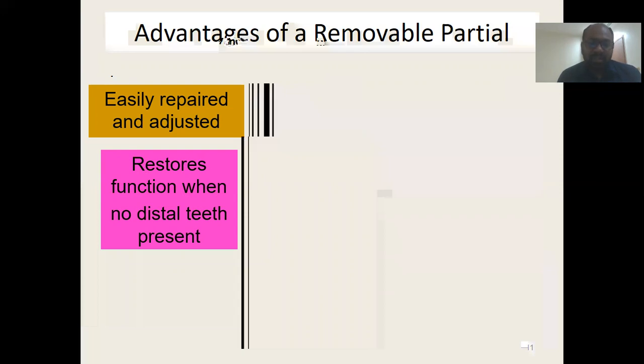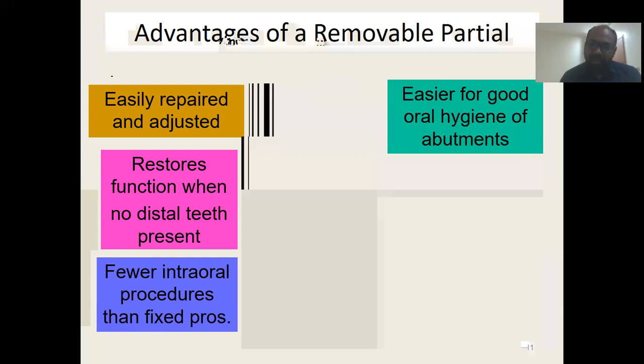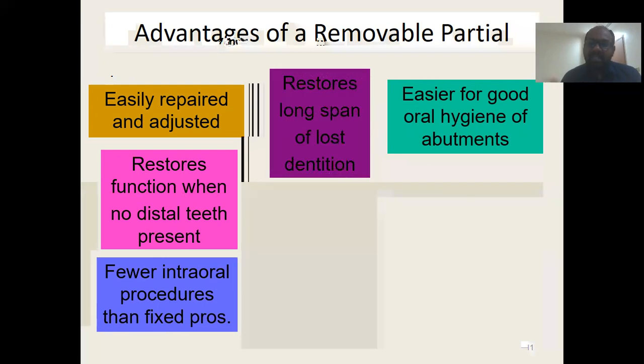It involves fewer intraoral procedures in comparison to a fixed prosthesis, and it is easier to maintain oral hygiene for the abutments because the prosthesis is removable, so you can remove it and oral hygiene measures can be easily maintained.